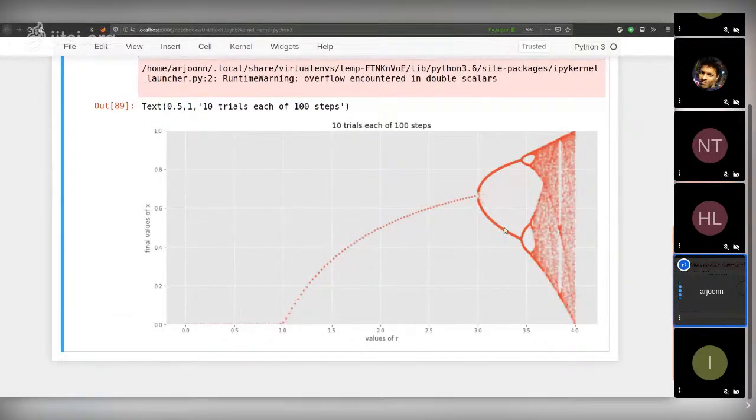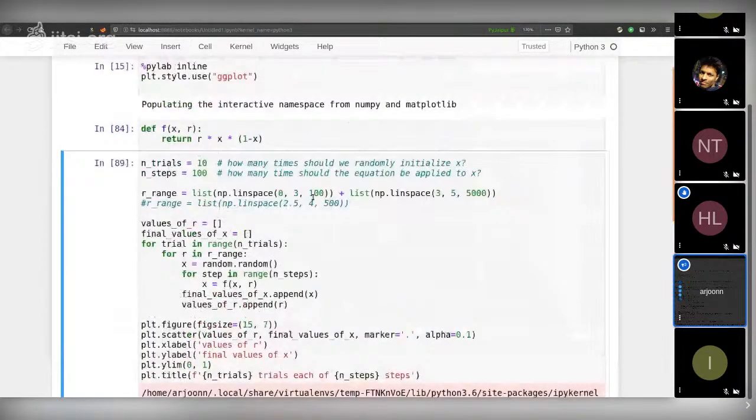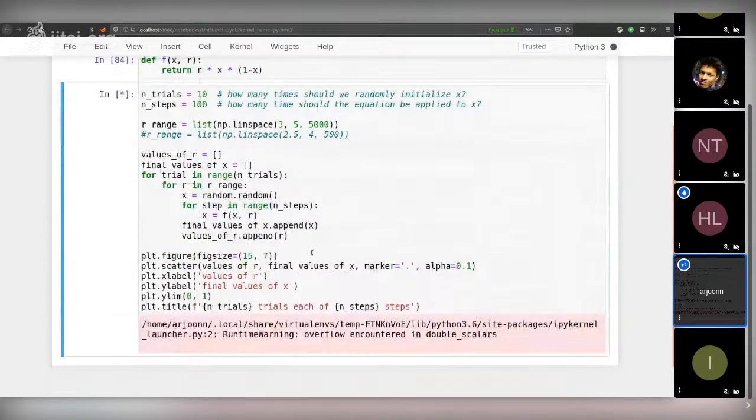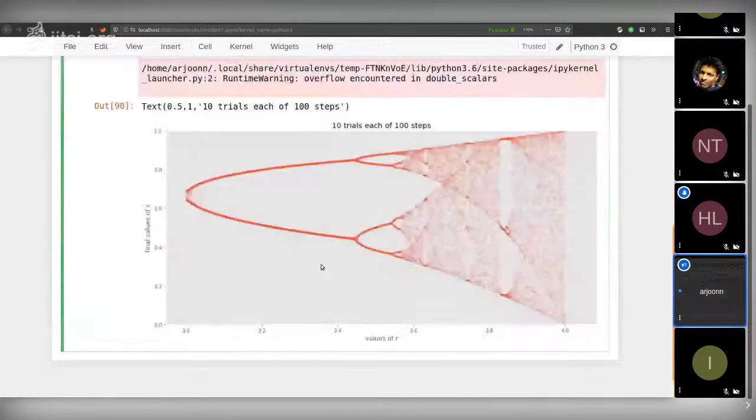The first bifurcation, the second bifurcation, and then what you see is this sudden period of chaos. So let's just focus on the part after 3. So if we render that, mm, you see some points.